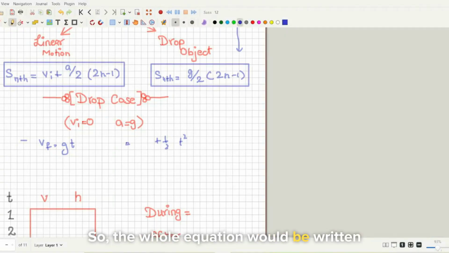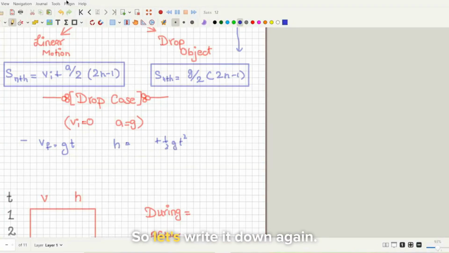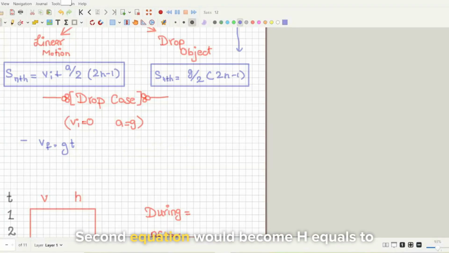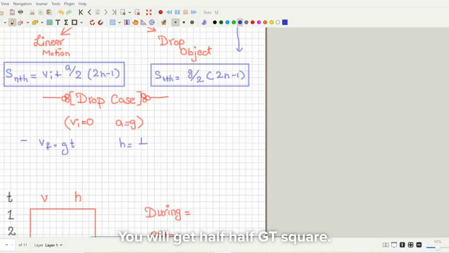So the whole equation would be written as h equals half gt square. Vit would be removed. So the second equation would become h equals half gt square.